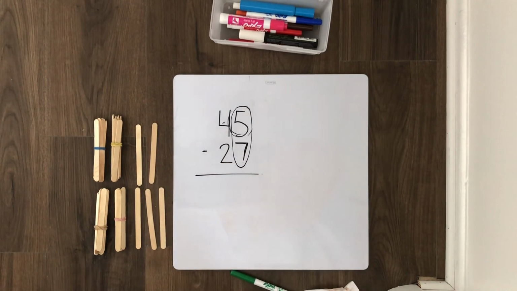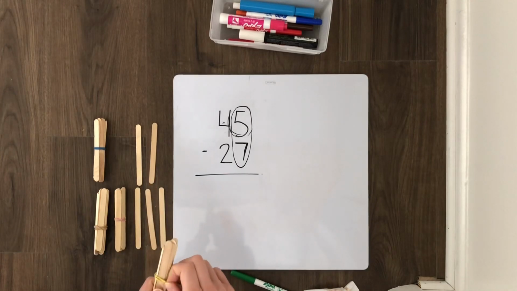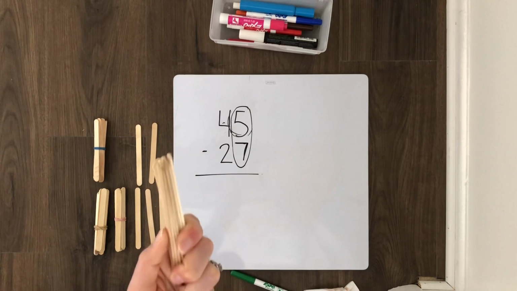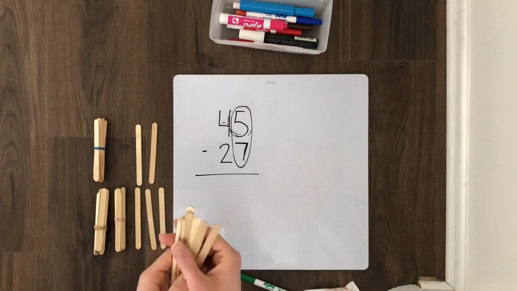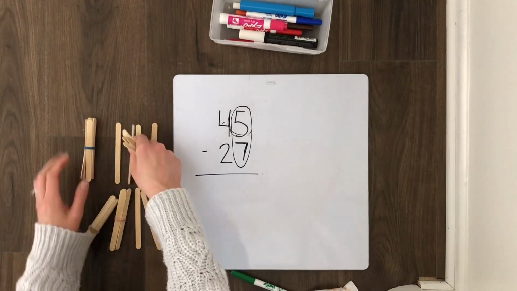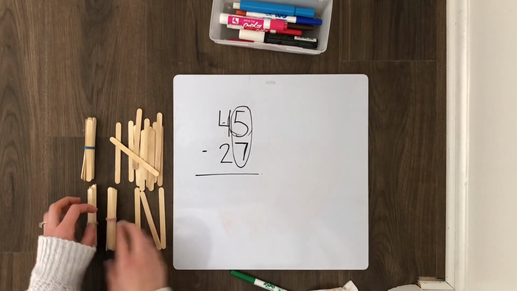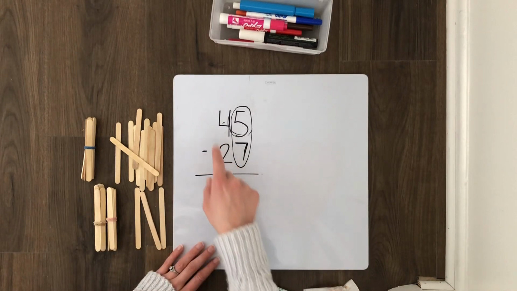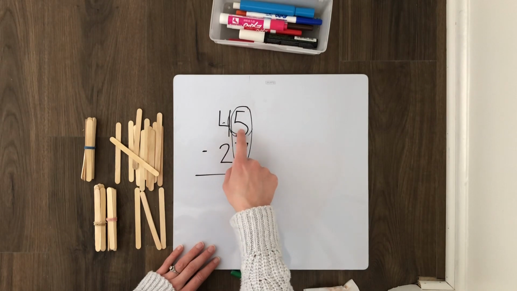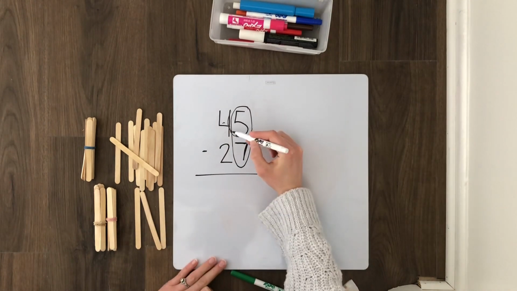Okay, we need to borrow from next door. So we're going to take a bundle of 10 and we're going to regroup it so that instead of a bundle of 10, it becomes 10 ones, okay? And we're gonna leave them as ones. Now, we have taken 10 from here and put it here, which means that we just have to add 10.